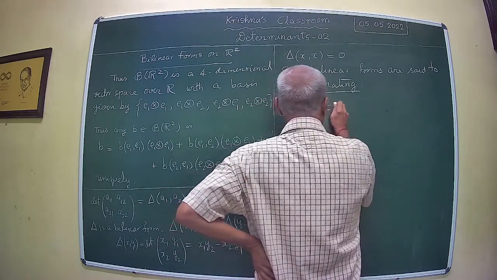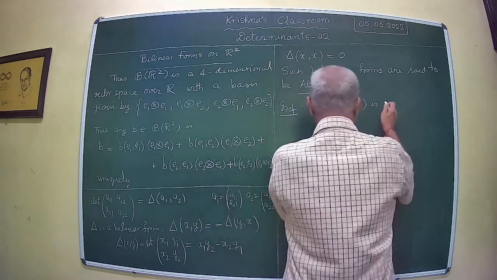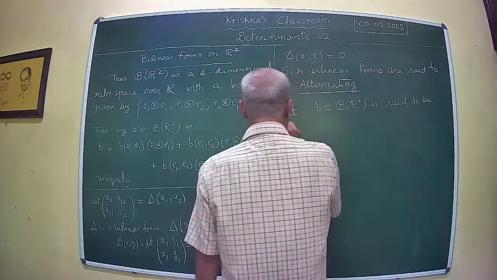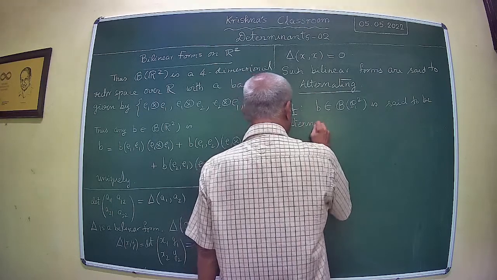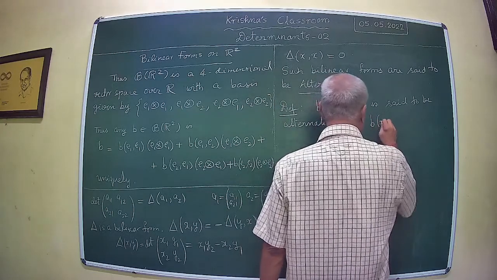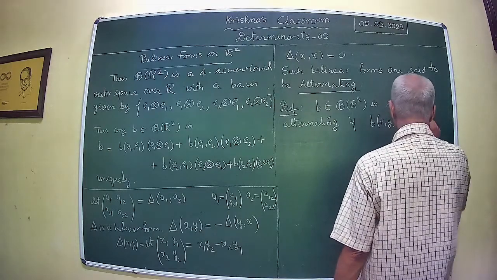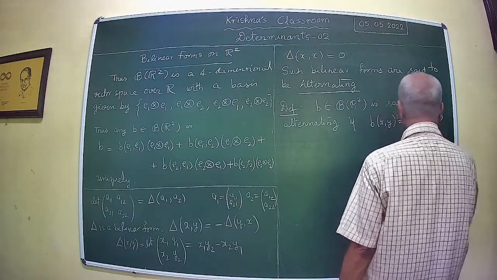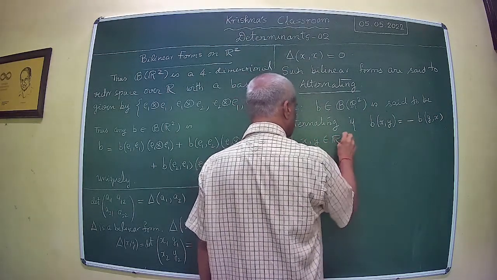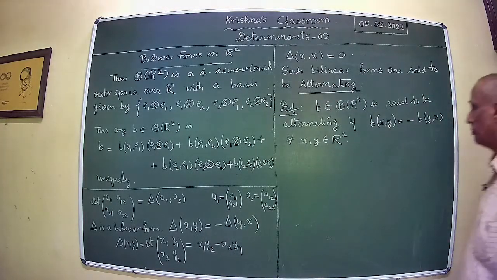B belonging to BR is said to be alternating if it's an alternating bilinear form.